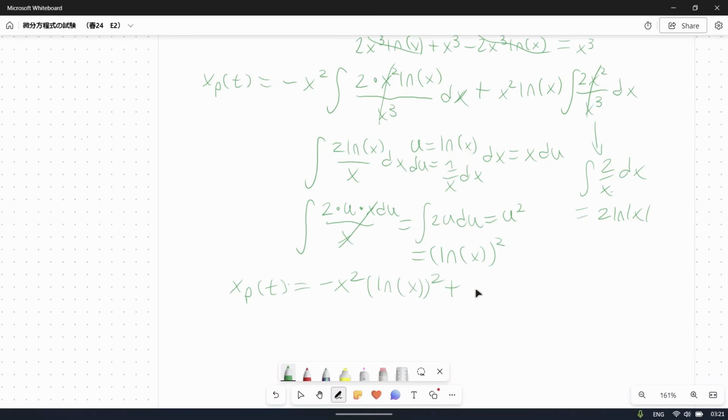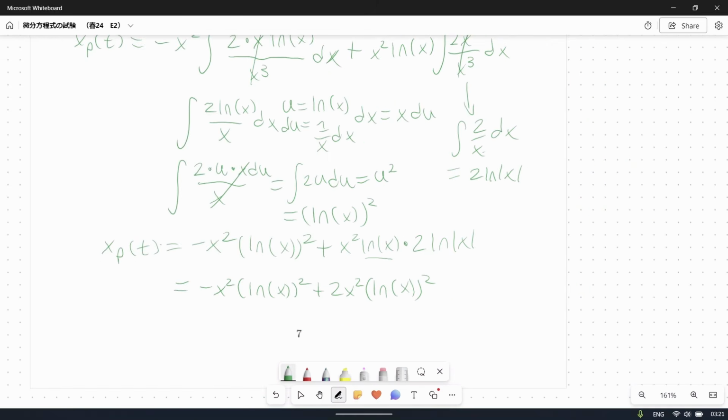plus x squared ln of x times 2 ln of absolute value of x. Even though it's an absolute value, it can still be multiplied with this ln of x here. So when we simplify this down, we just end up with negative x squared times ln of x squared plus 2x squared ln of x squared.